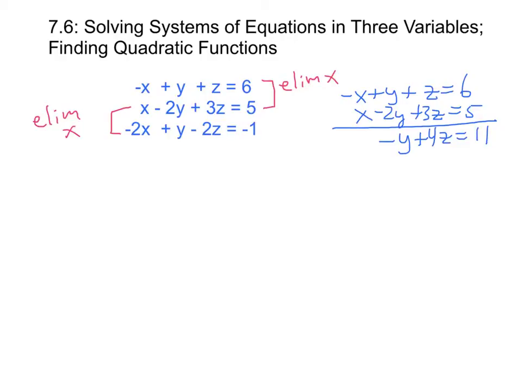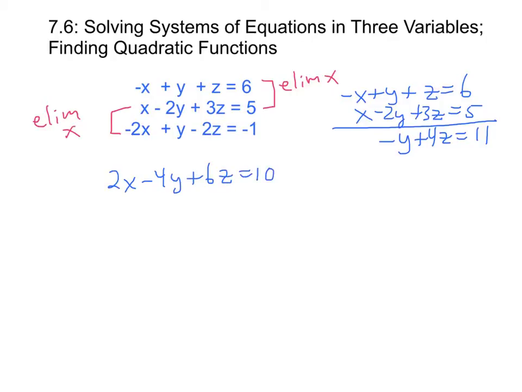Okay, now we'll do the same thing with the bottom two equations. Now we also want to eliminate x here, but here the x's aren't opposites. But if we multiply the middle equation by 2 first, then they will be. So that would be 2x minus 4y plus 6z equals 10.